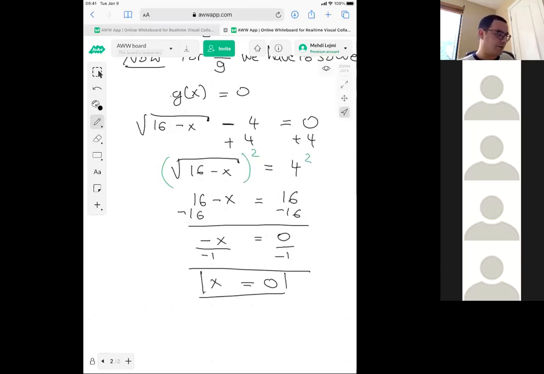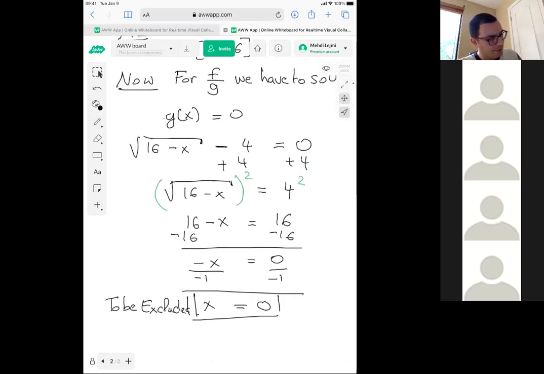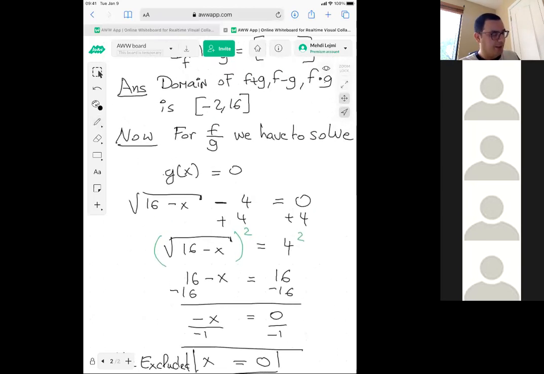Right, 0 over -1, of course, 0 over any non-zero number is 0. So we have to exclude x equal to 0 from the common domain.